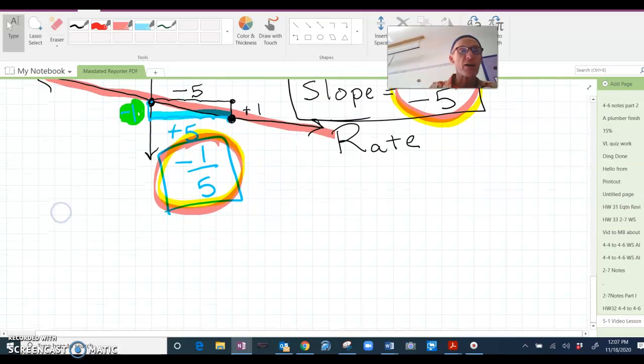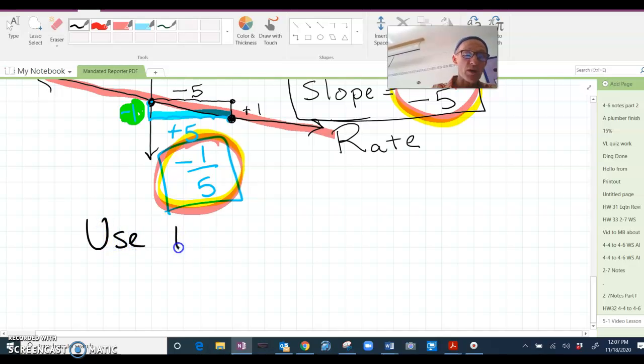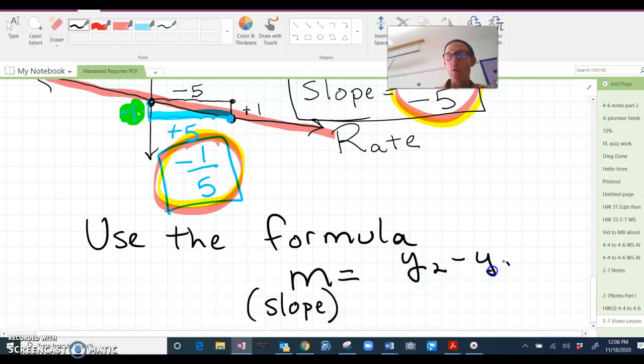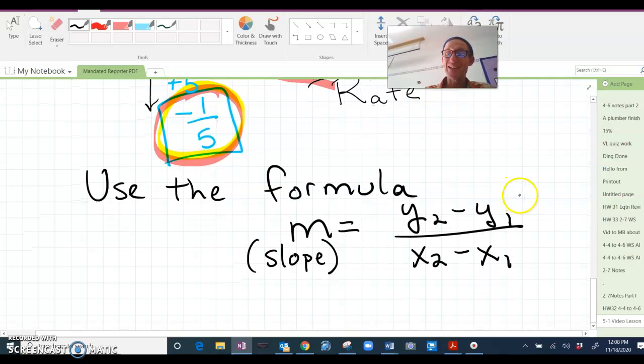Okay? Now, the next task is to use the formula, which is m equals, now m stands for slope, y2 minus y1 over x2 minus x1, because this is the change in y.